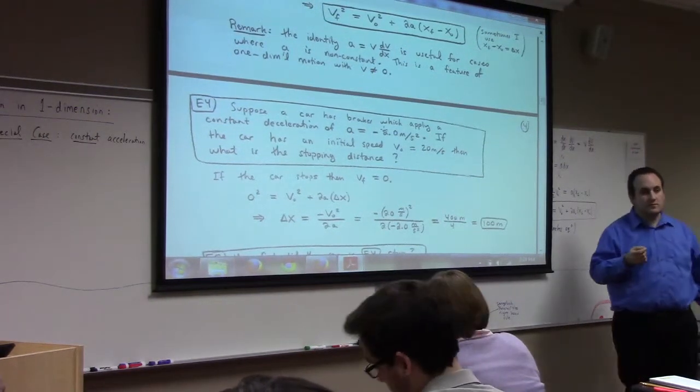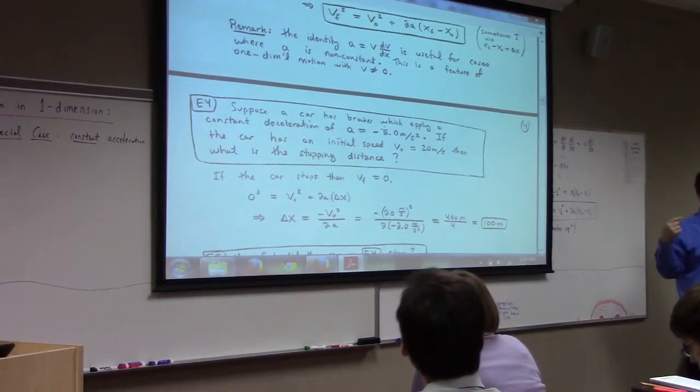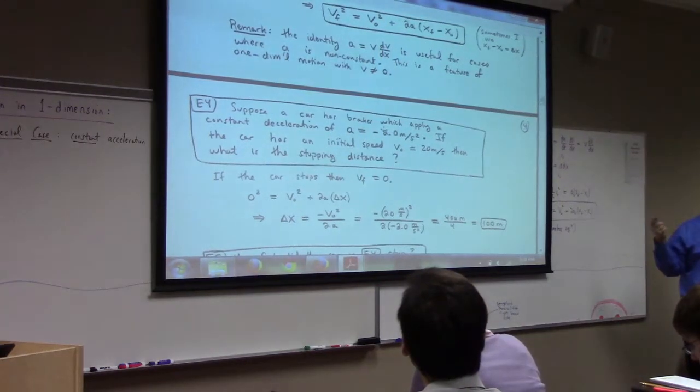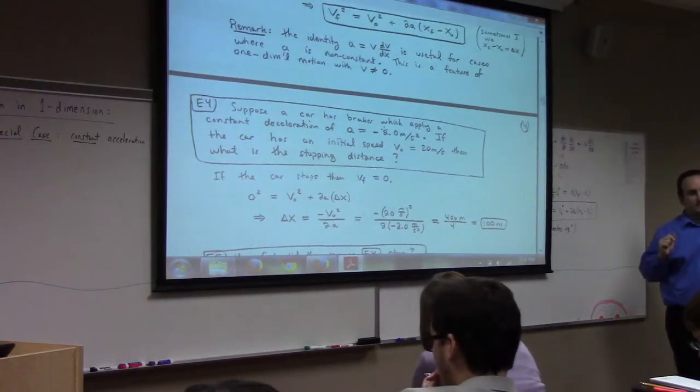No, that's also true. Okay, that's just another way of writing the same thing. Basically, the gentleman is asking, can you take the x naught to the other side in the position formula for the constant acceleration case? Yeah, you can also write delta x is equal to v naught t plus 1/2 a t squared.